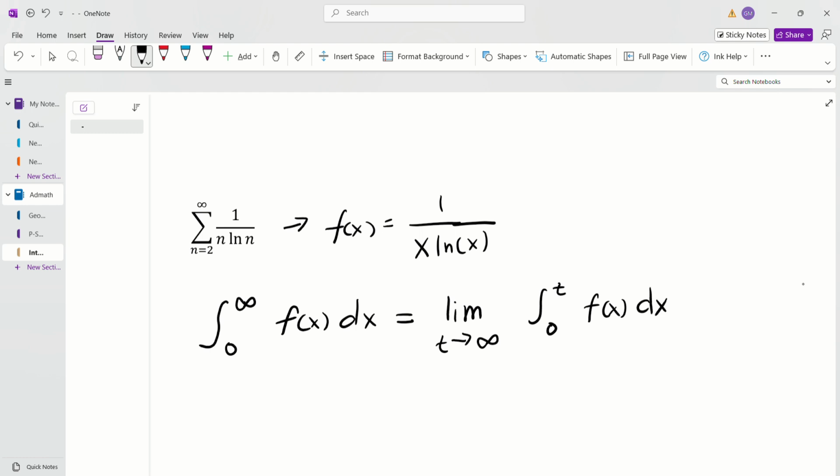We must use a limit if we're dealing with an improper integral.